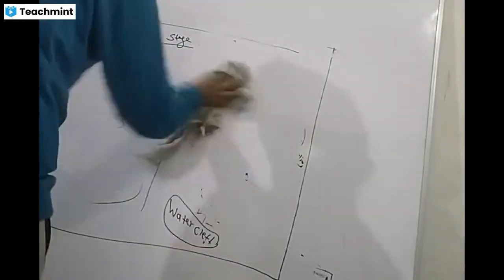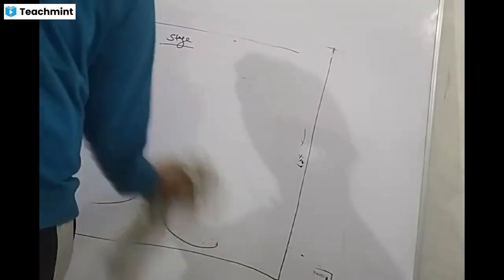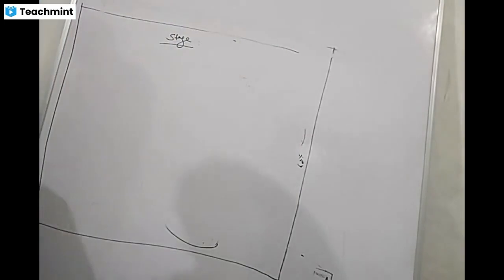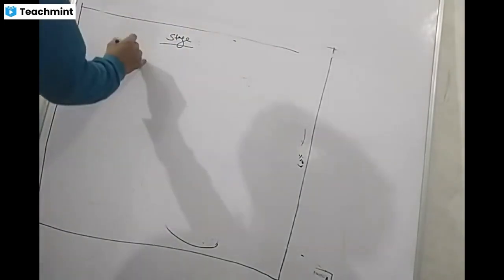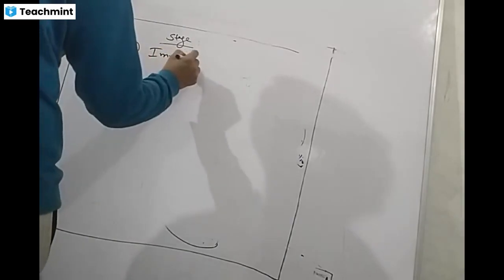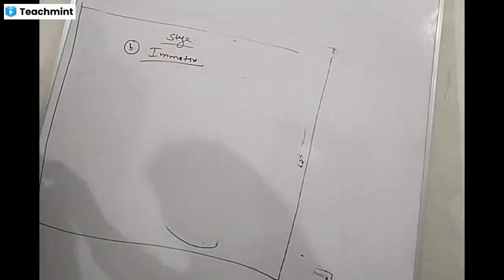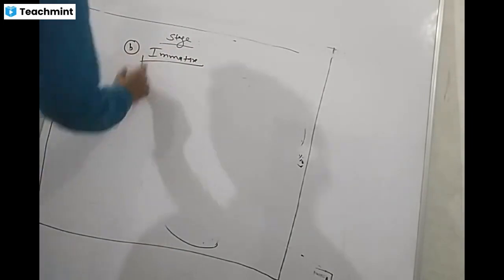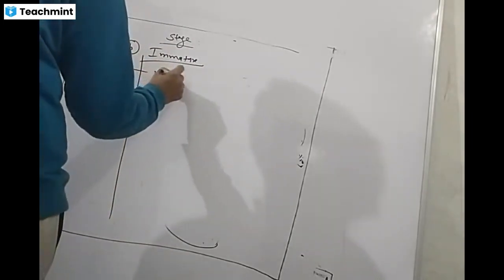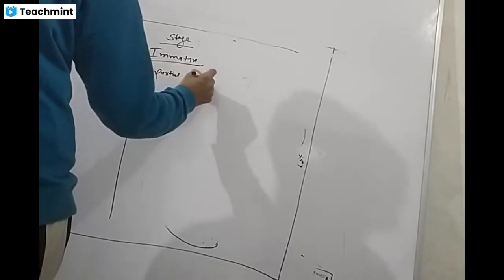After this incipient stage, the next stage of the cataract will be immature. Second will be immature. In this stage, what happens? There is partial opacification.